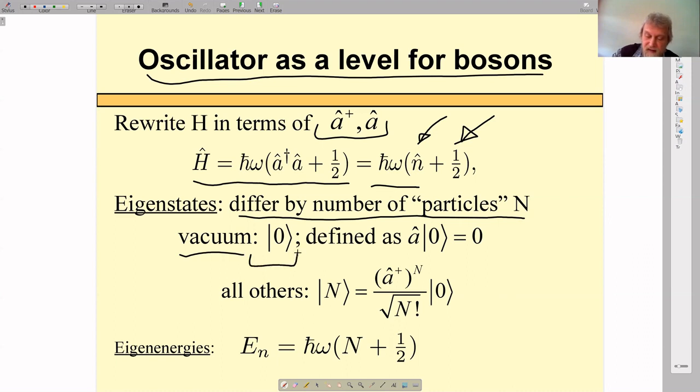It is defined as the absence of any excitation. Nothing can be annihilated in vacuum because there's nothing to annihilate. So if you apply an annihilation operator to vacuum, you get 0.